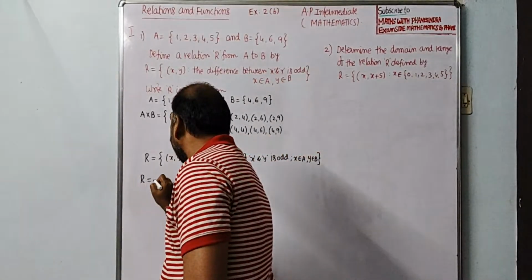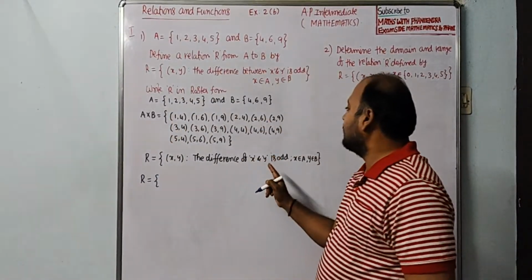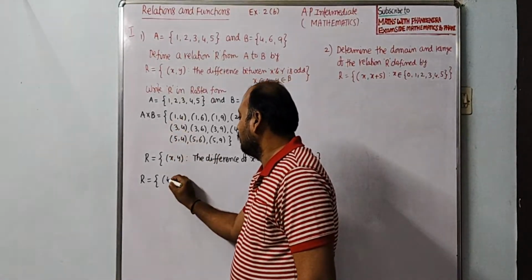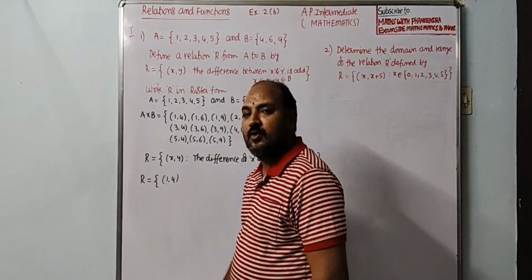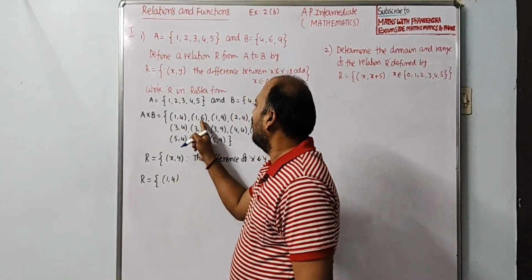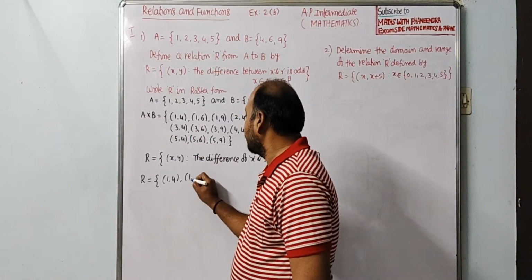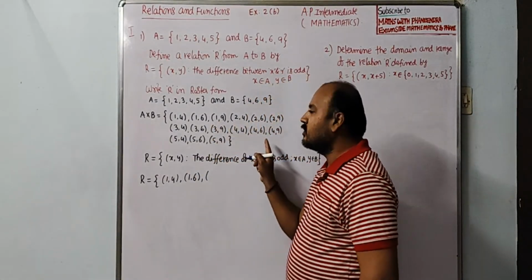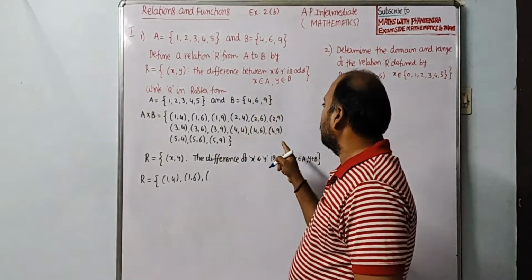So R equal to, the difference of x and y is odd. See, 1 comma 4. Difference is what? 1 minus 4 is minus 3, an odd number. 1 comma 6 also. Next, 1 comma 9 won't come. 2 comma 4 won't come. 2 comma 6 won't come.